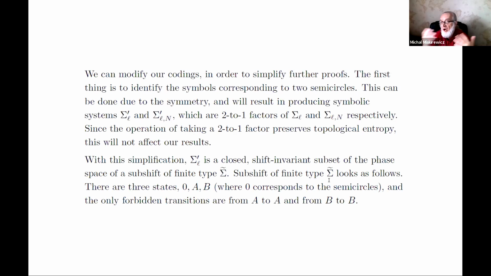So all transitions are possible, except you cannot go from the segment to itself. I thought for a moment that you cannot go from 0 to 0, but you can, because you can go from right semicircle to the left or vice versa. So you only cannot go from the segment to itself.